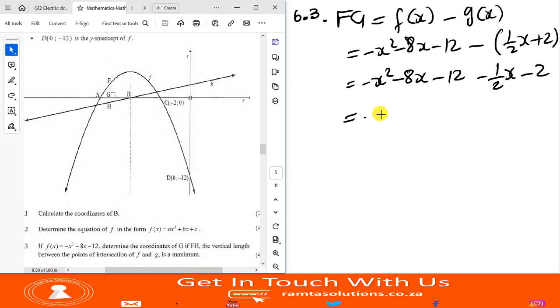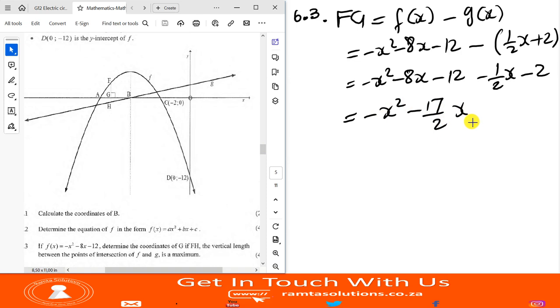What do we get? -x squared minus 17 over 2x minus 14.